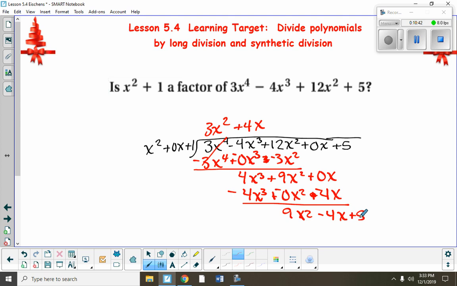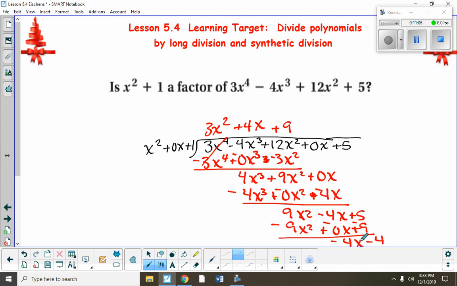So x squared times what gives me 9x squared? That would be 9. And now we have 9x squared plus 0x plus 9. And now we subtract. So that would be a minus 4x minus 4.